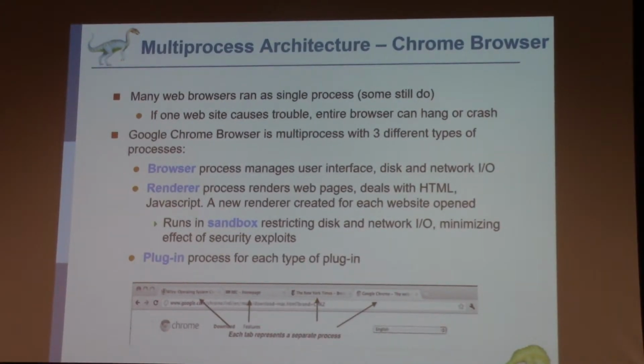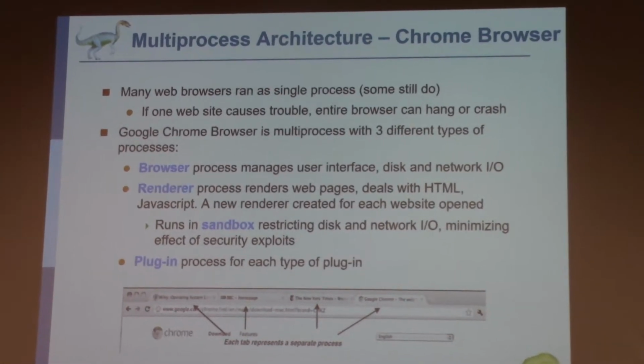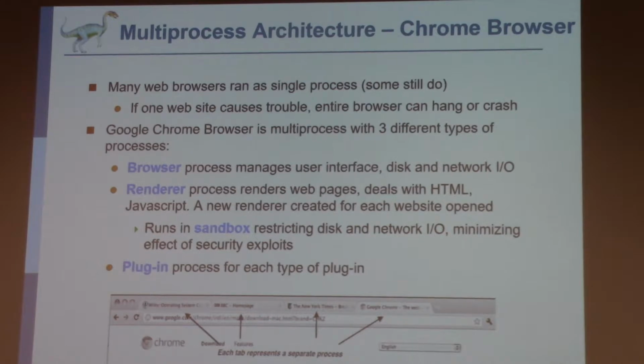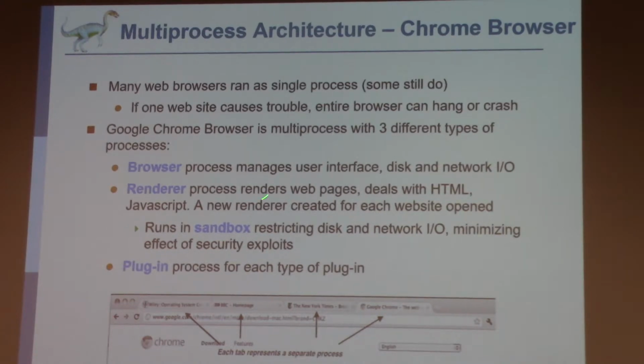Then we talk about how a parent process creates one child process, and your program will be executed by that child process. But sometimes we need to create multiple processes. For example, this is an example of a multi-process architecture like Chrome.